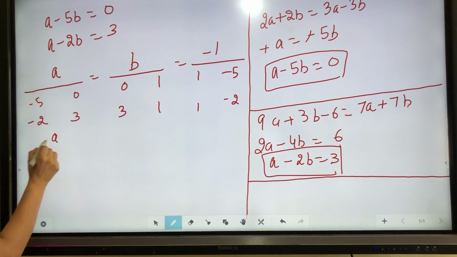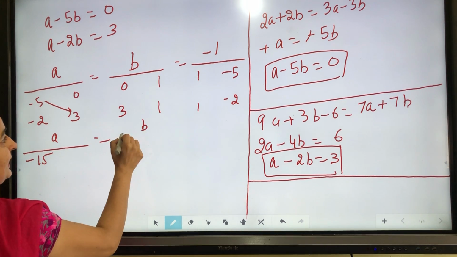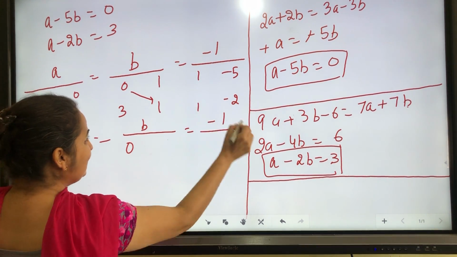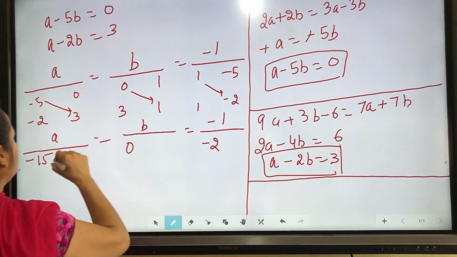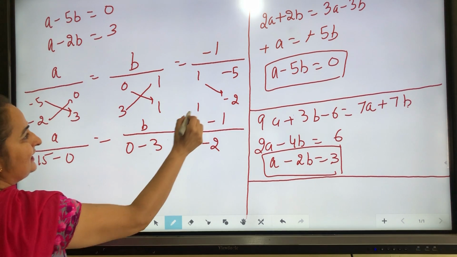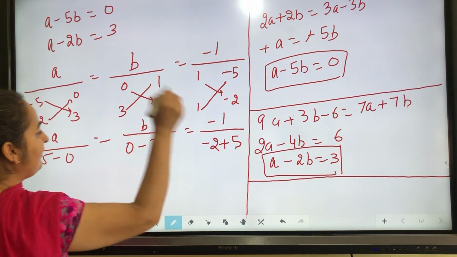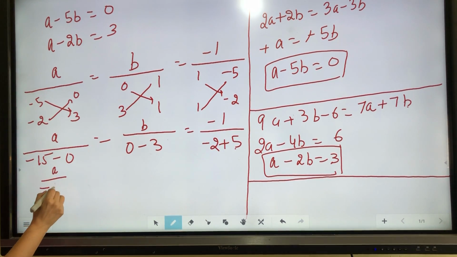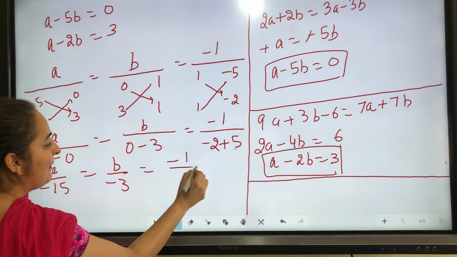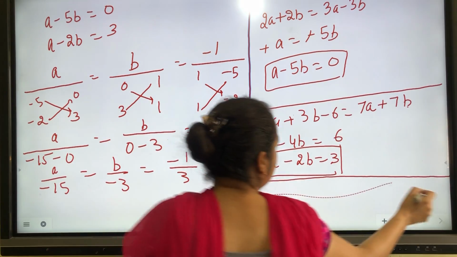Now cross multiply: a upon 5 3 is minus 15, b upon 0 and minus 1 upon minus 2. Next is minus 0, 3 1s are 3 and 1 5 is 5. So a upon minus 15, b upon minus 3 and minus 1 upon 3.